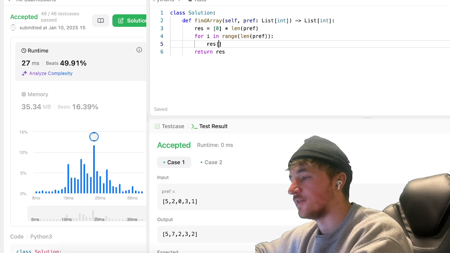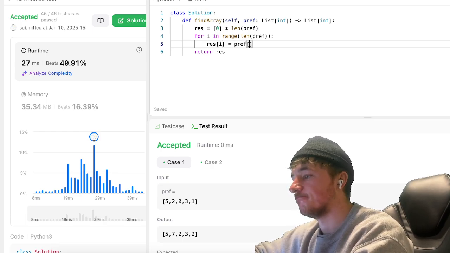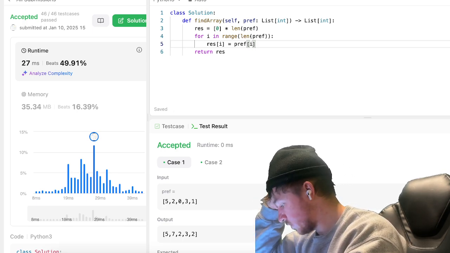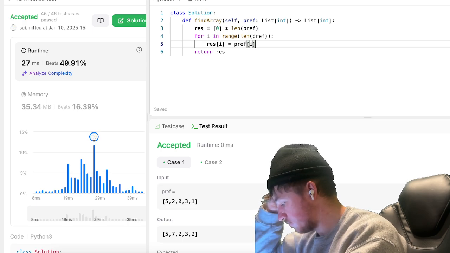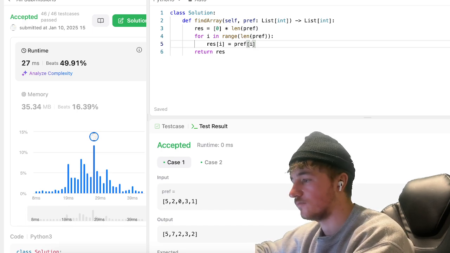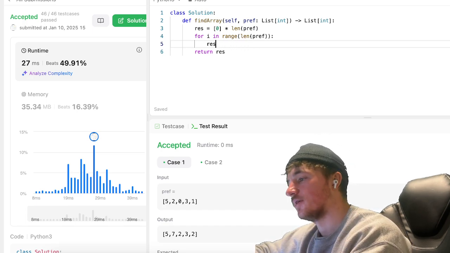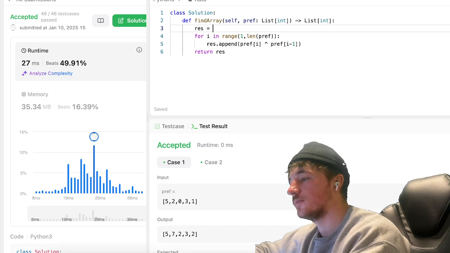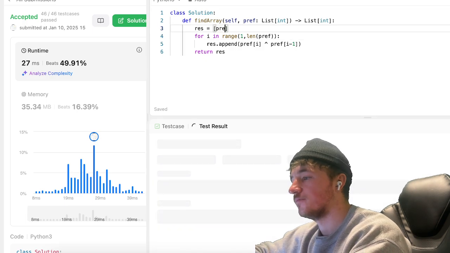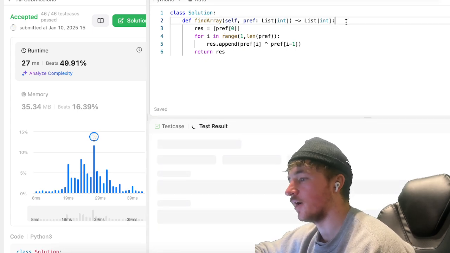And then you would just say res of I equals pref of I and then, well, the previous value isn't that, so never mind. Think long, think wrong. All right, oh, I still need it, it's going to be missing a value. All right, well, that works.